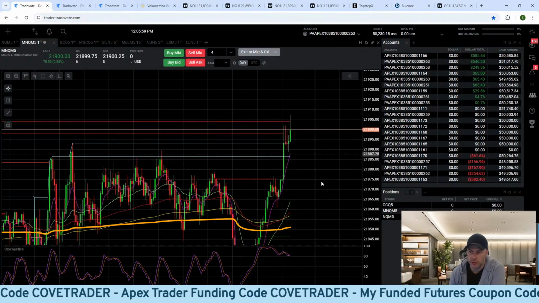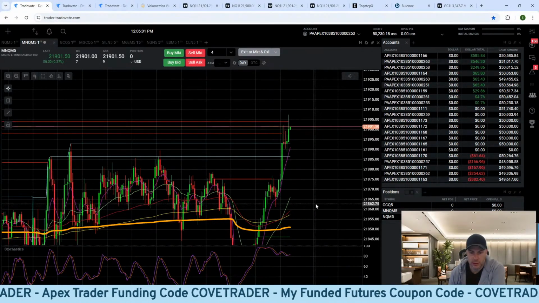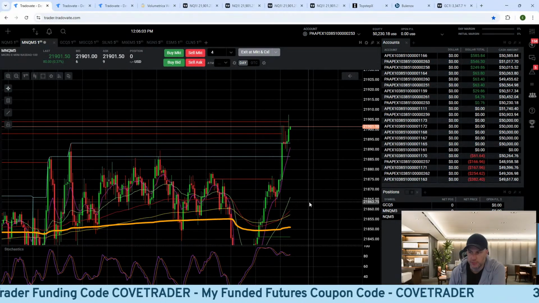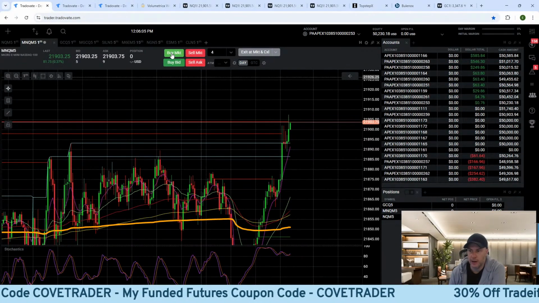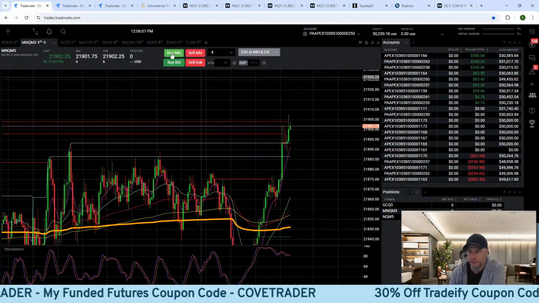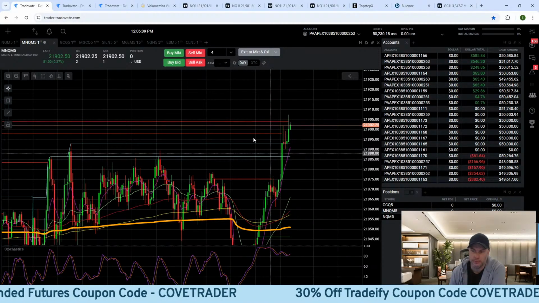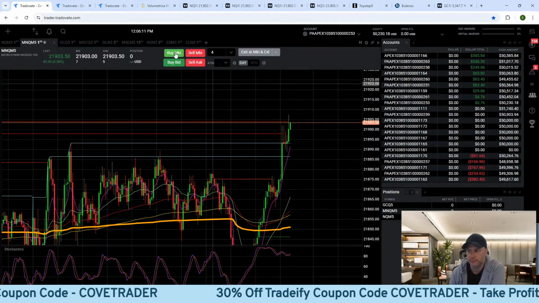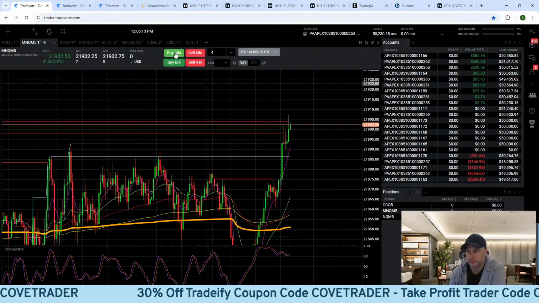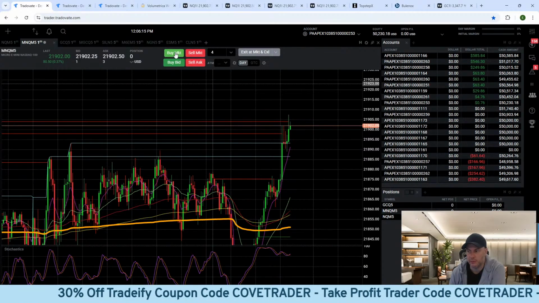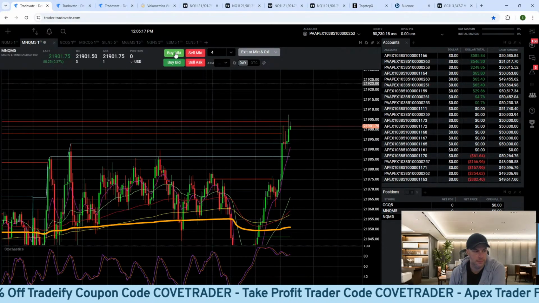That might have been the sweep to go back down. Yeah, Brad, that's what I'm looking at. A close above the pivot, over 902, probably gets this thing going. That's kind of what I'm looking at too. 902, it wicked it.